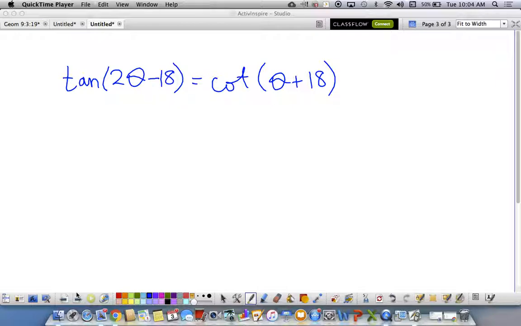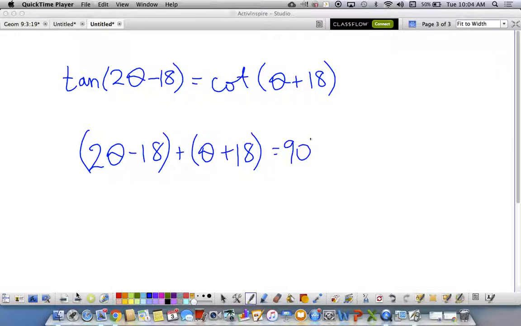So what did you get? What is theta? How are you setting it up, first off? Well, 2 theta minus 18 plus theta plus 18 equals 90. Why? Because the angles must be complementary.